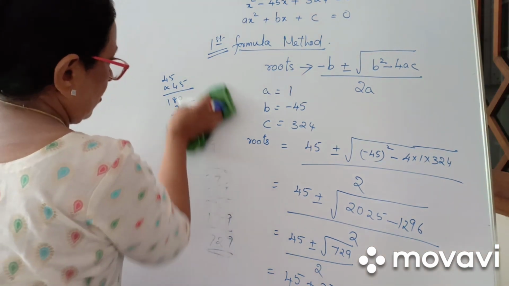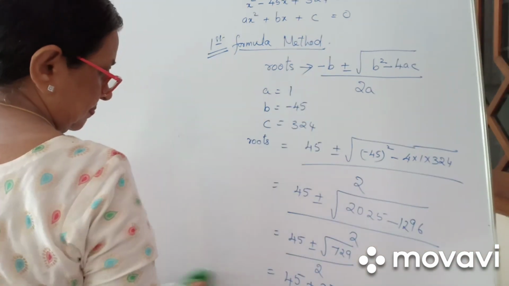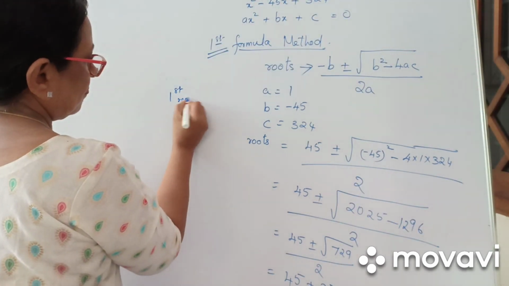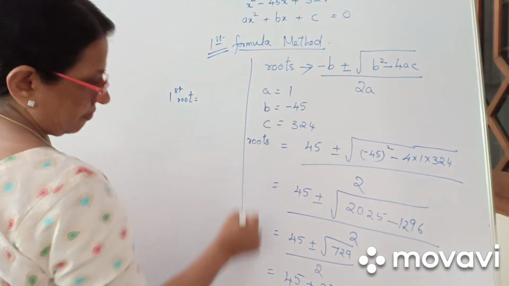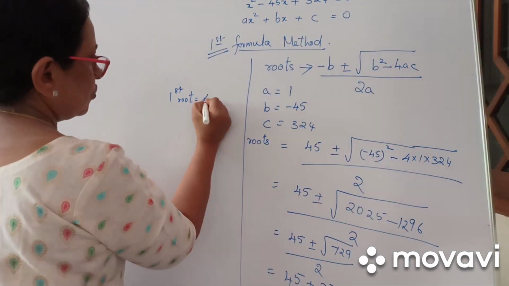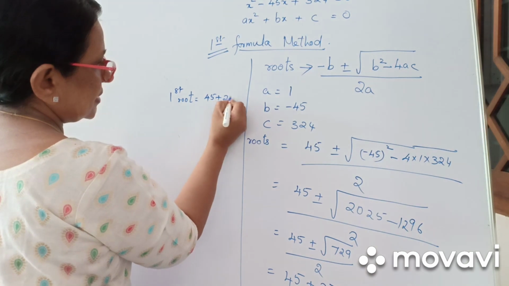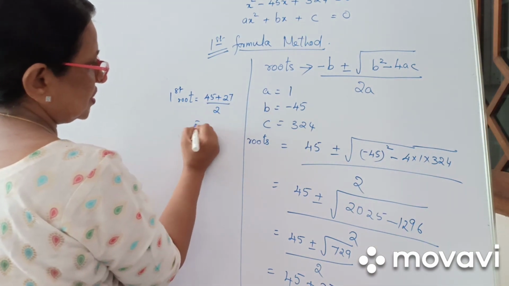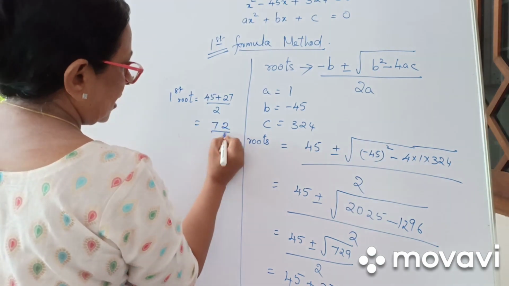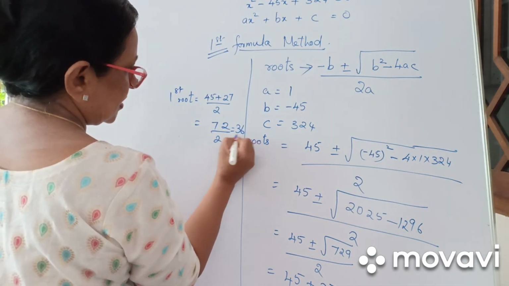Okay. Now, continue. So first root is equal to, take only the plus sign. So 45 plus 27 by 2, which is equal to, how much is it? 72 by 2, which is equal to 36.